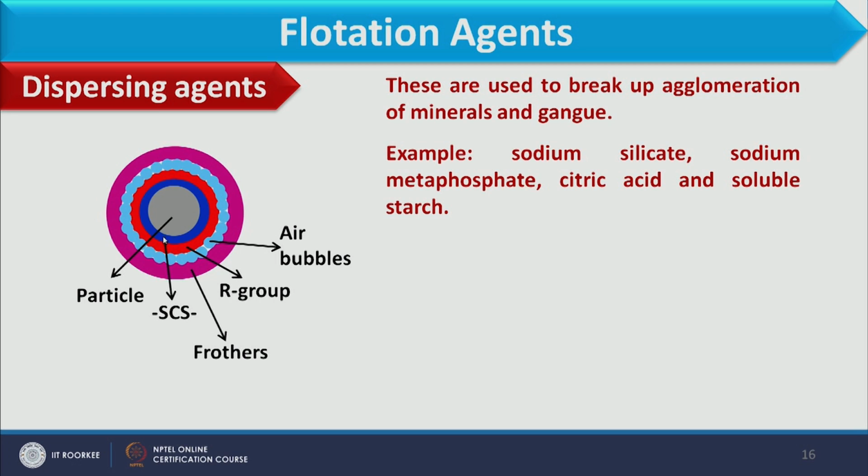It will be placed over the particle, and over this xanthate radical we have the R group, because the R group makes the whole particle water repellent. Once it is water repellent, air bubbles are formed, and stability of these air bubbles can be ensured by adding frothers. So, the frother layer should be outermost. In this way each agent will associate with the particle.